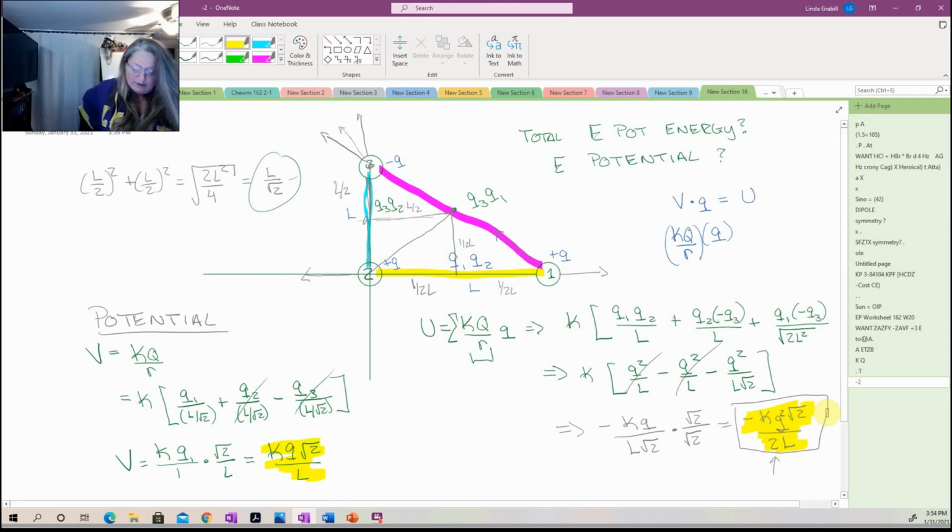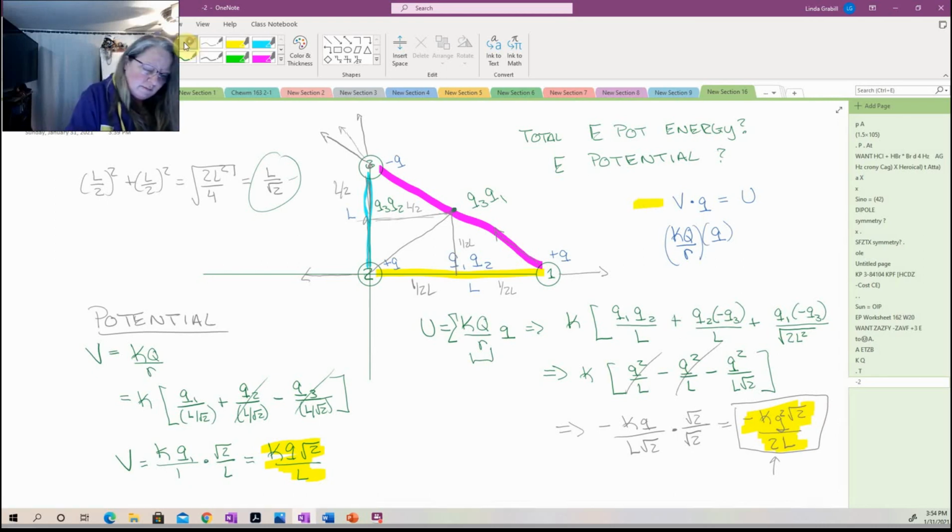At any rate, for the potential of our points interacting, we end up with this KQ2 over L. And then we have the addition of the additional charge interacting with, because remember, all potential energy is Q interacting with potential at that point.